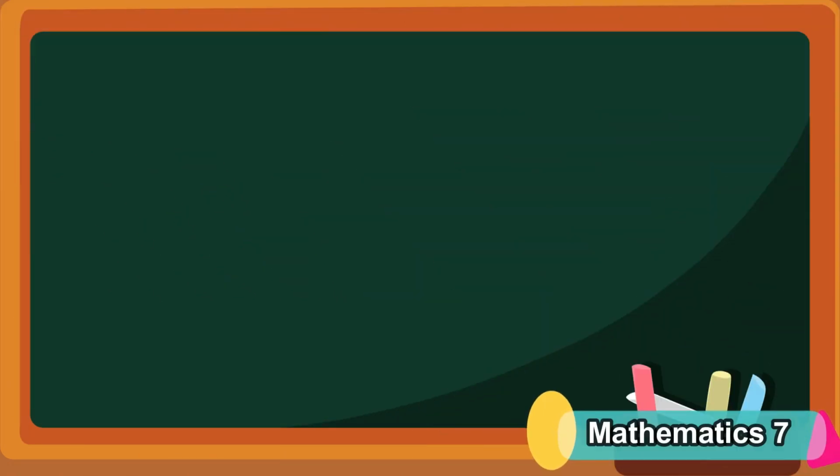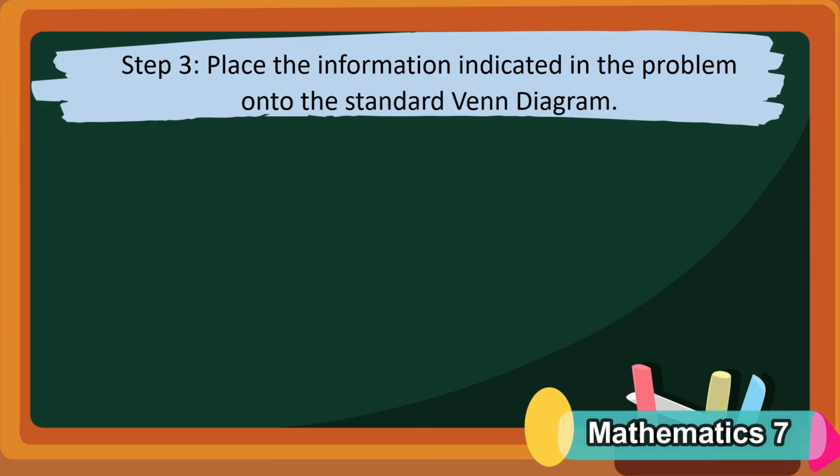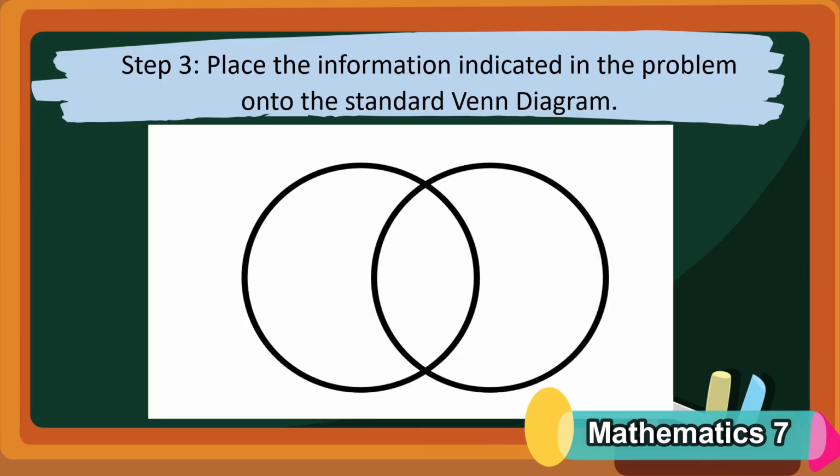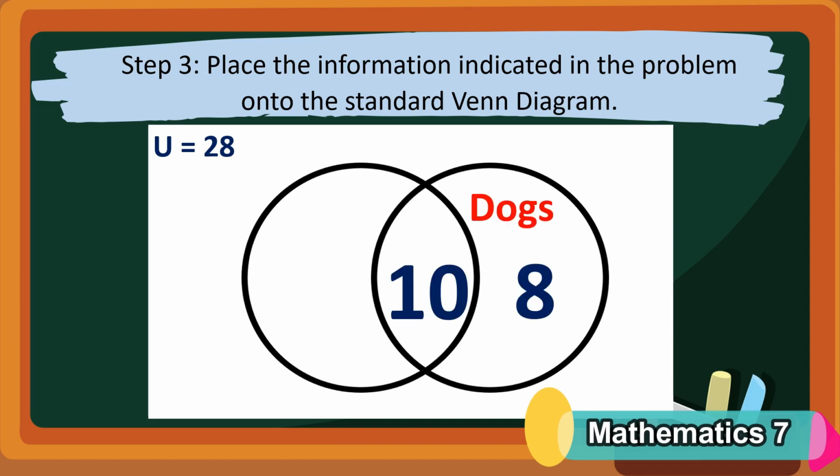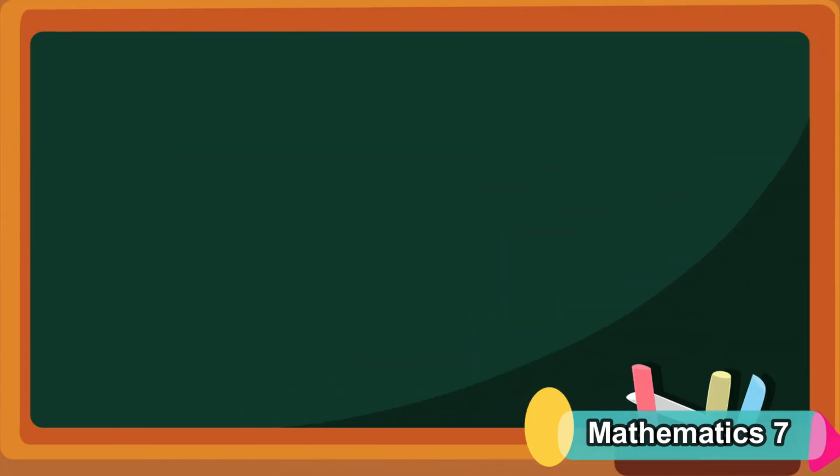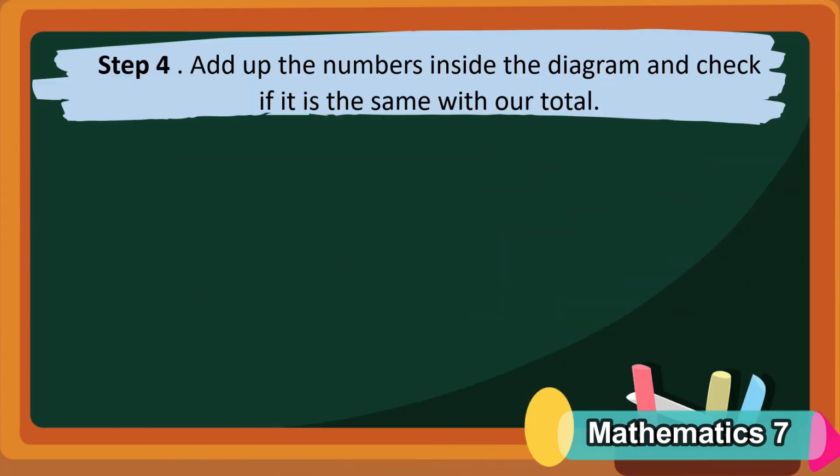Now we can try solving the problem. Step number 3. Place the information indicated in the problem onto the standard Venn diagram. 28 students were surveyed. 10 had both. 8 had dogs. 6 had cats. 4 had neither. Step number 4.